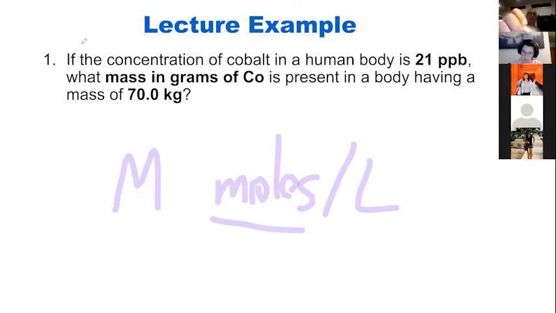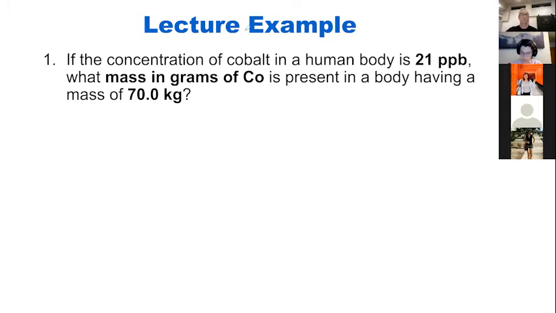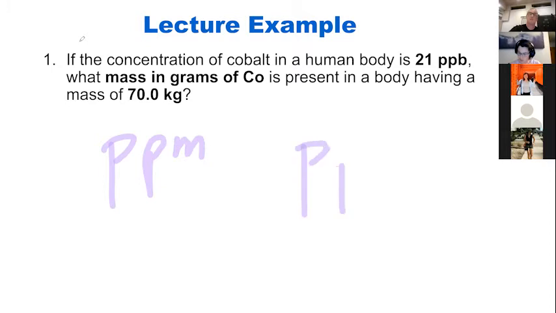Now, when we have really low masses, we generally use things like parts per million and parts per billion. You've heard of ppm, maybe not ppb, but the really, really small concentrations are parts per billion.